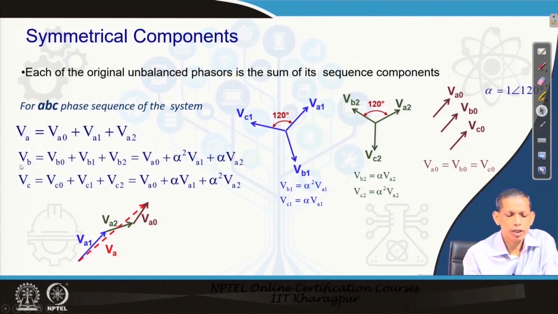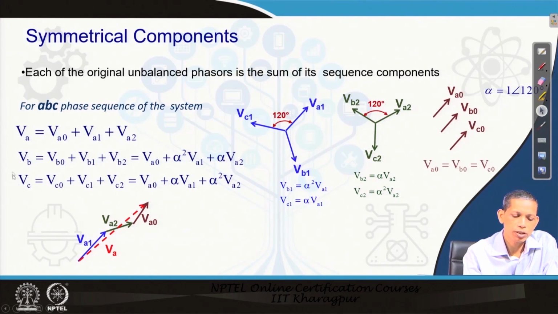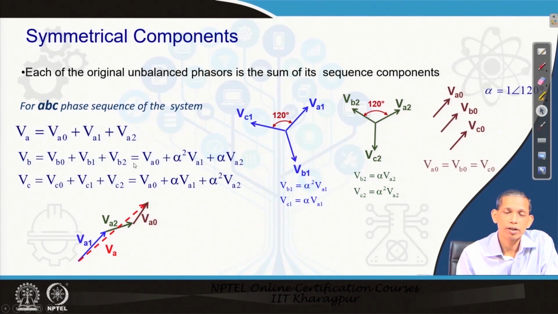Similarly, we can express VB in terms of VB0, VB1 and VB2, where VB0 equals VA0, VB1 equals alpha square VA1 and VB2 equals alpha VA2. Similarly, VC is the summation of VC0, VC1 and VC2, that is, VA0 plus alpha VA1 plus alpha square VA2. So each unbalanced phasor VA, VB, VC can be represented as the summation of the corresponding positive, negative and zero sequence components.